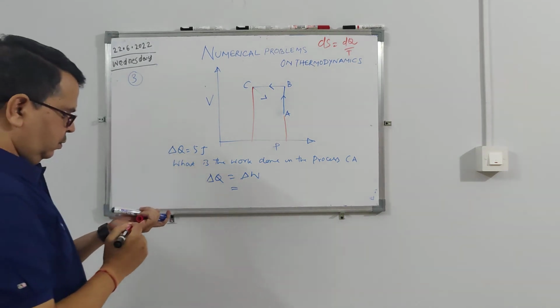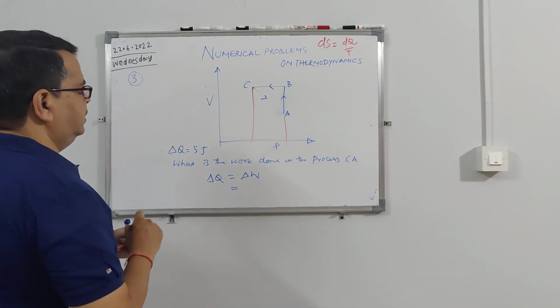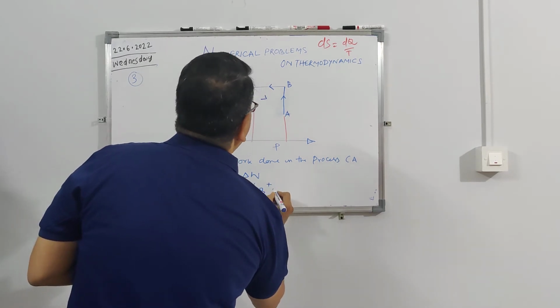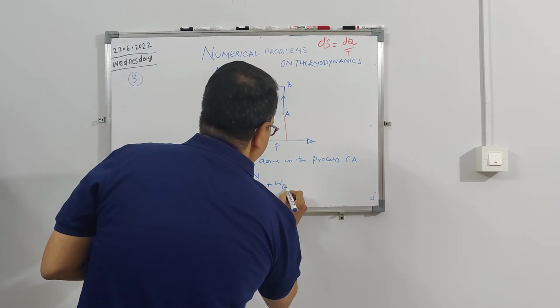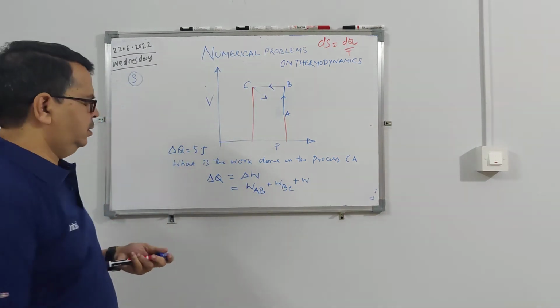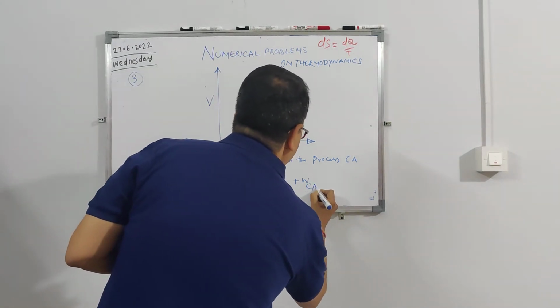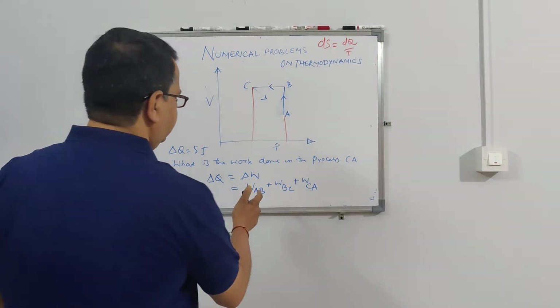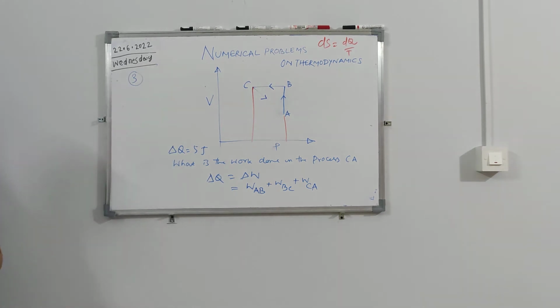So the work done in this cycle is WAB plus WBC plus WCA.